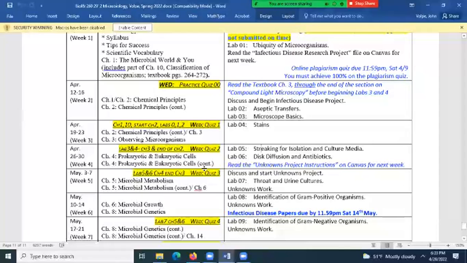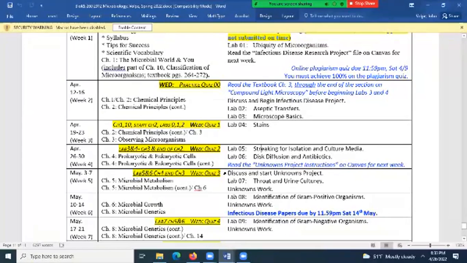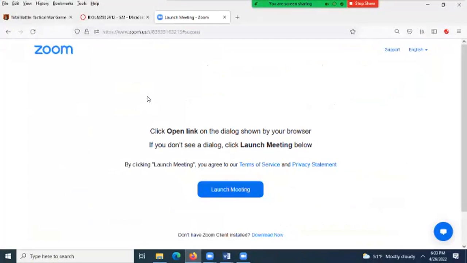So today we're going to be talking about lab 5, streaking for isolation and culture media. On Thursday, we'll be doing lab 6. You do need to read the unknown project instructions on Canvas for next week.